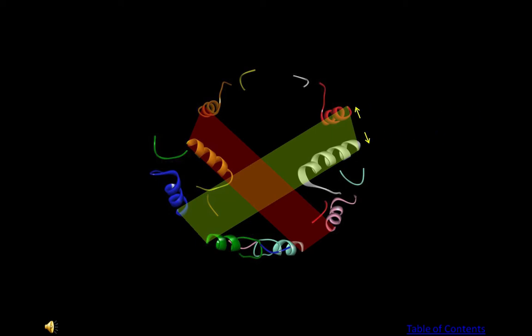Starting in the upper right-hand edge of the ABCD tetramer, the distance between the alpha carbon atoms at the corners of the plane is very close to 15 angstroms. Proceeding clockwise, the comparable measurement for the lower right-hand edge of the EFGH tetramer is also 15 angstroms. They're all 15 angstroms.